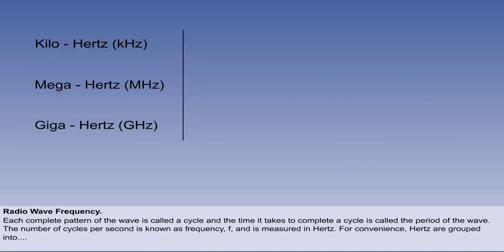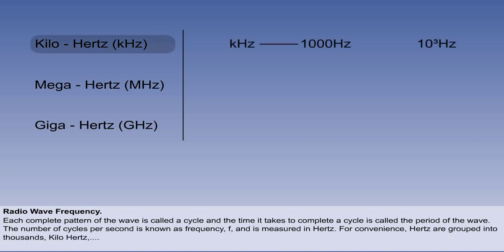Because these figures for radio wave frequencies are always so large, they are expressed in a more convenient way as kilohertz, megahertz, or gigahertz. Kilohertz are units of 1,000 cycles per second, that is, 10 to the power of 3.